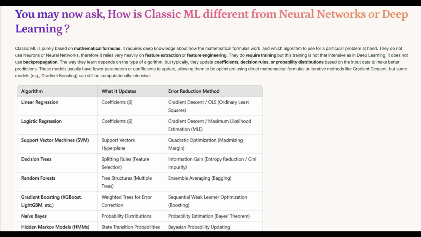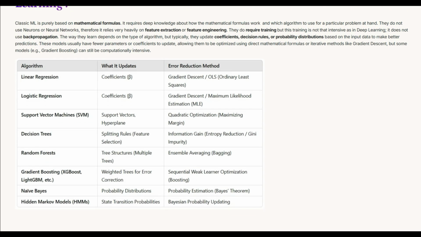These models usually have fewer parameters, coefficients, to update, allowing them to be optimized using direct mathematical formulas or iterative methods like gradient descent. But some models, e.g. gradient boosting, can still be computationally intensive. Here is the table that shows training requirements of different classic ML models.